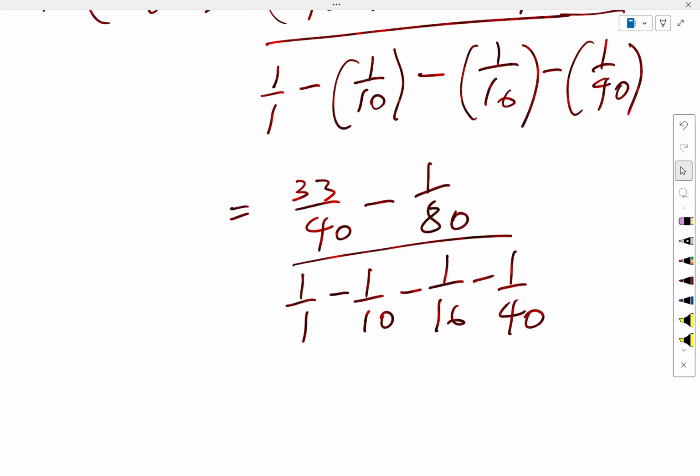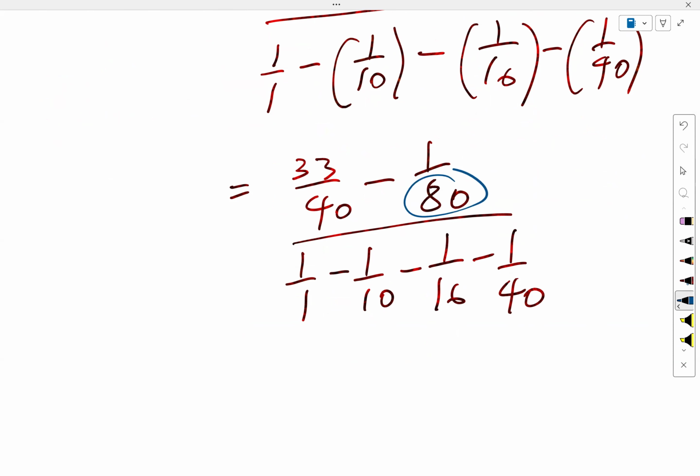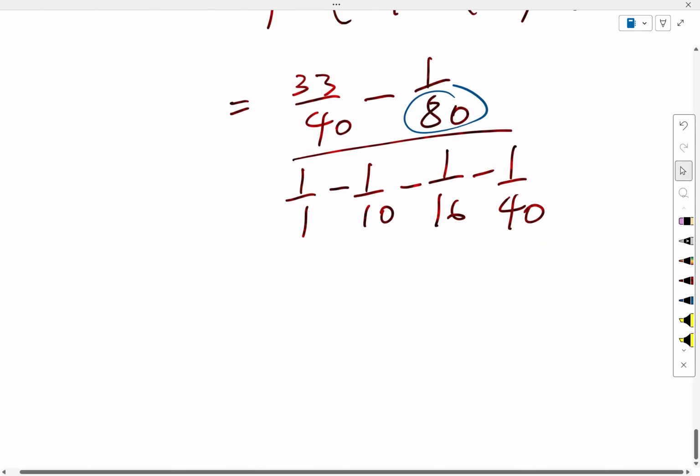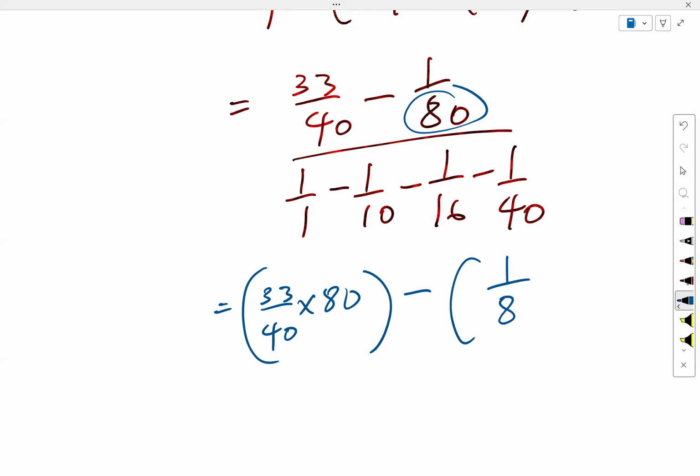You know what I like to do here? Instead of going through all the stress, one thing I like to do is multiply each term by the LCM, and I can see the LCM is 80. I think that's a very smart way of doing it instead of having to do the whole trouble of adding and subtracting. So you have 33 over 40 multiplied by 80, and 1 over 80 multiplied by 80, settled.